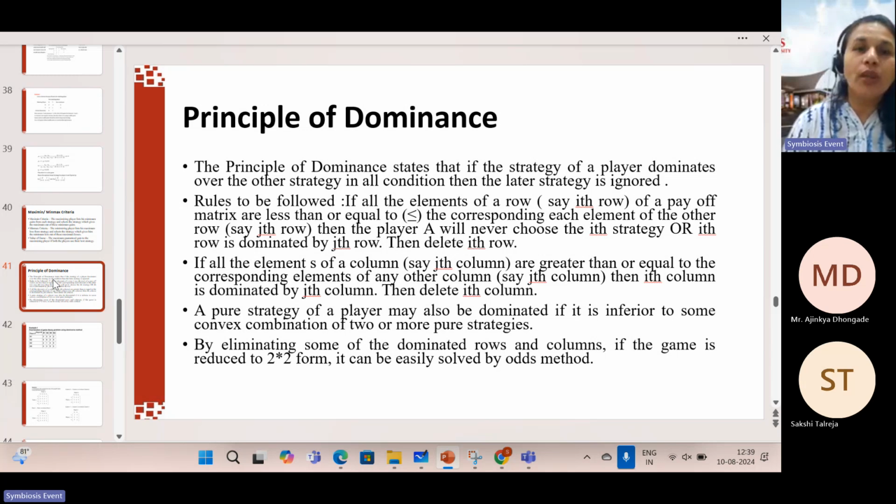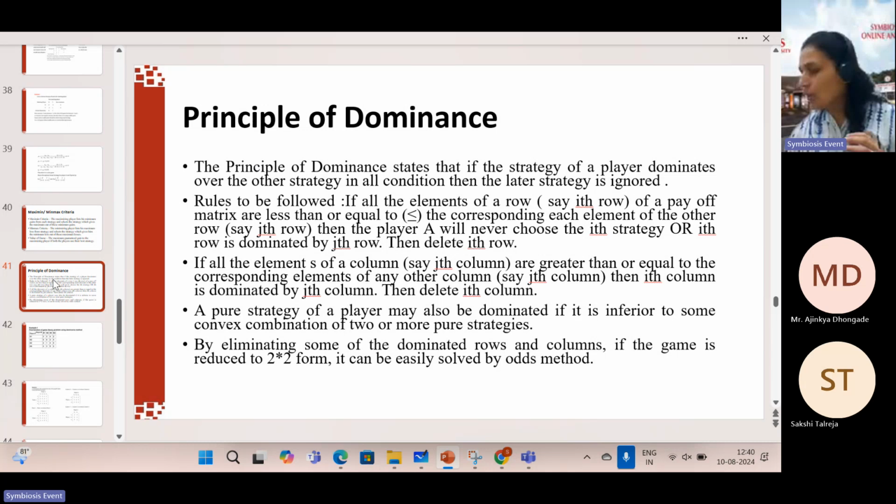What will happen if I have multiple sets and maybe they are not equal? They are not square. They are coming in terms of 2 cross m or m cross 2. That means I have two players with multiple strategies. In this particular scenario, the principle known as the dominance rule, or principle of dominance, plays a very important role.